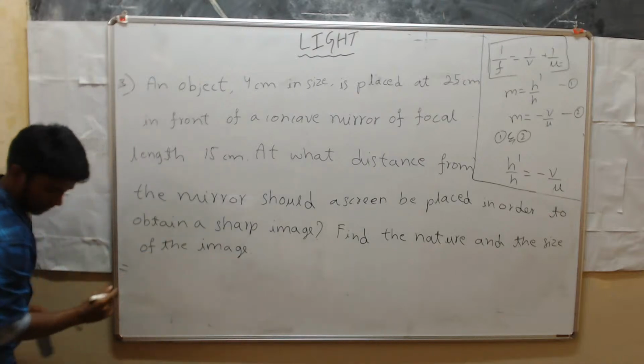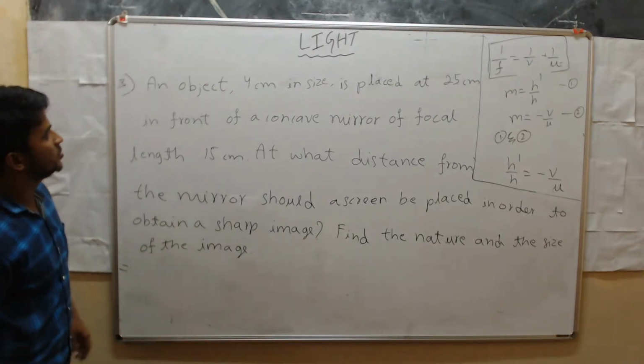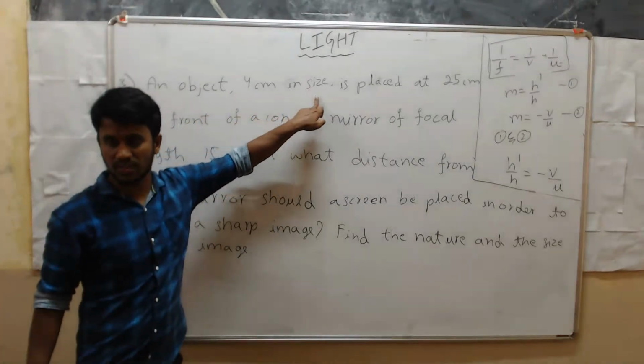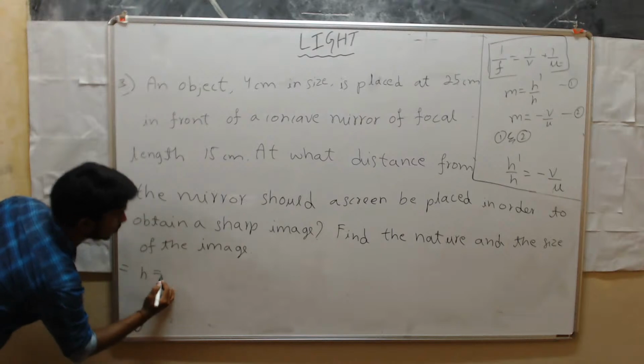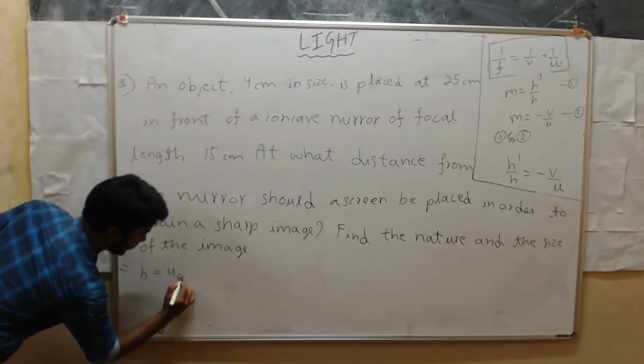First, let us write the given data. What are the data given here? An object 4 centimeter in size, which means object height, h is equal to 4 centimeter.